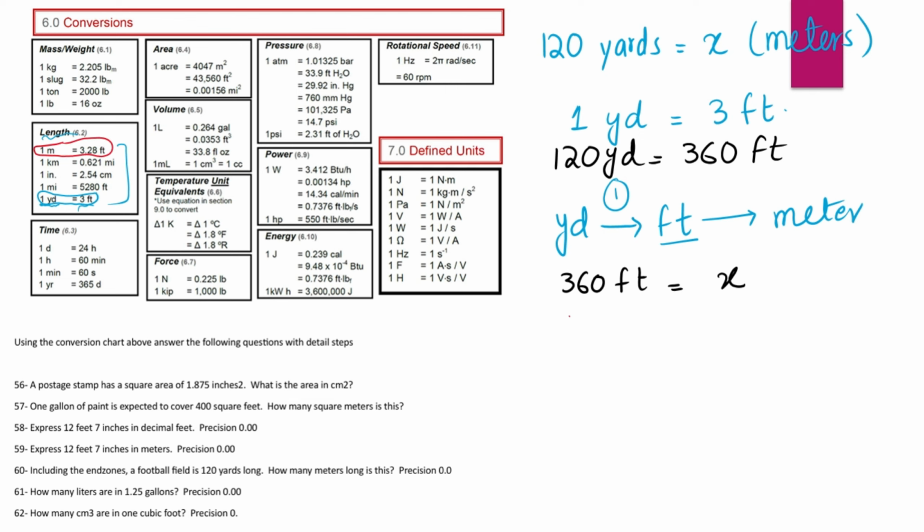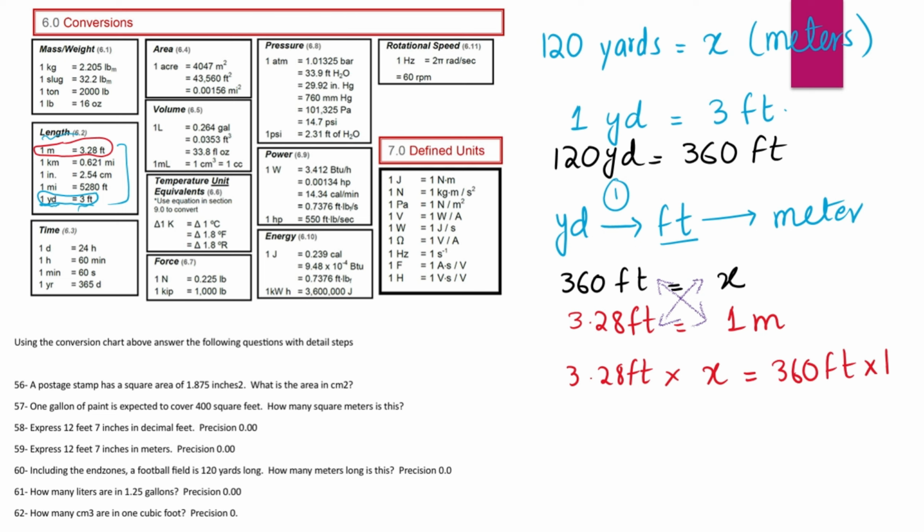So I can write it again here, 3.28 feet is equal to 1 meter. Simply do the cross multiplication: 3.28 feet multiplied by x is equal to 360 feet multiplied by 1 meter.